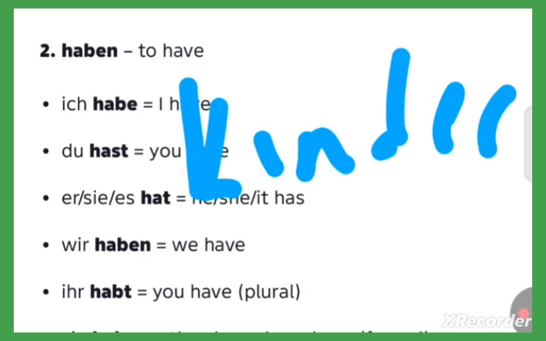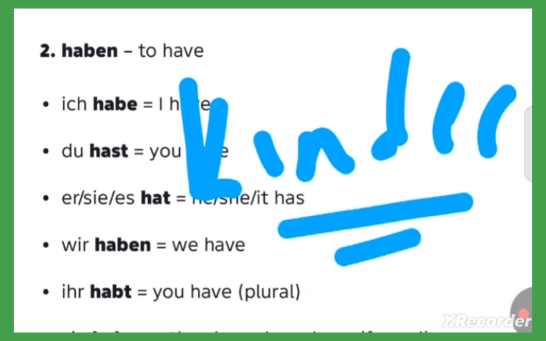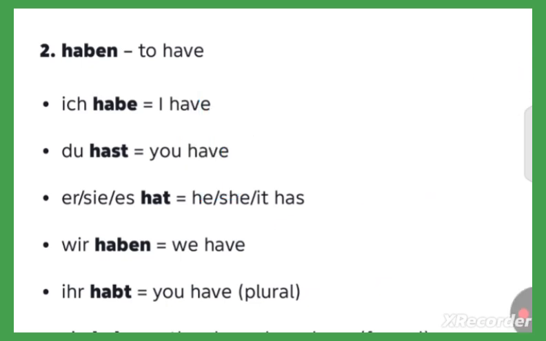So ich habe Kinder. I have children. I have like a son. Like I have money. Ich habe Geld. So whatever you have, ich habe then dash dash dash.